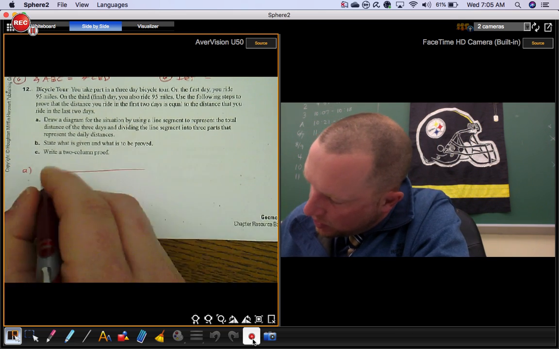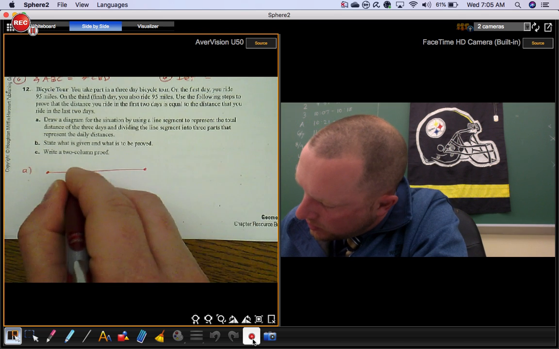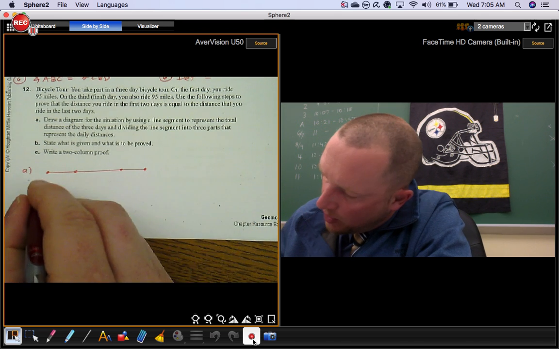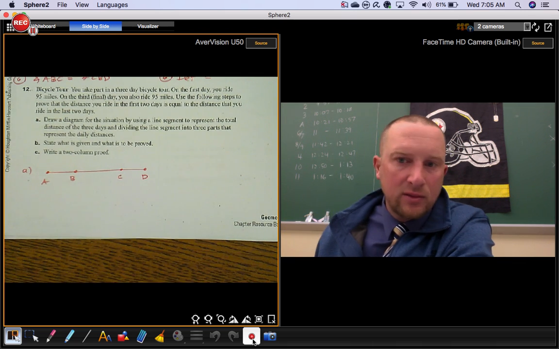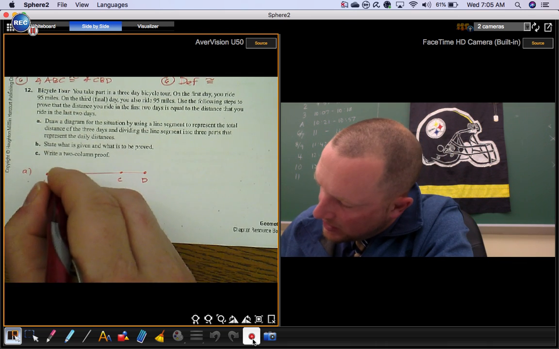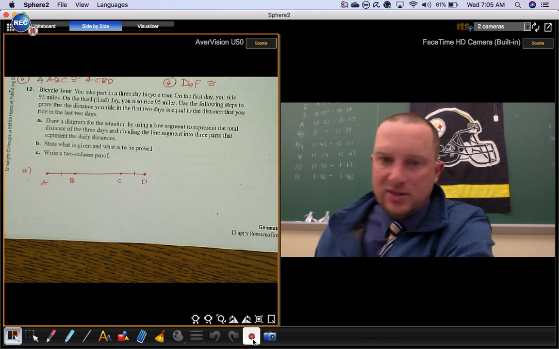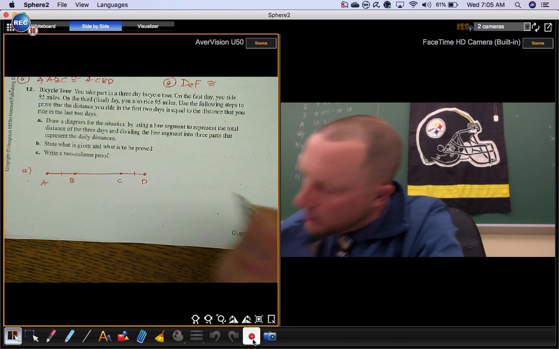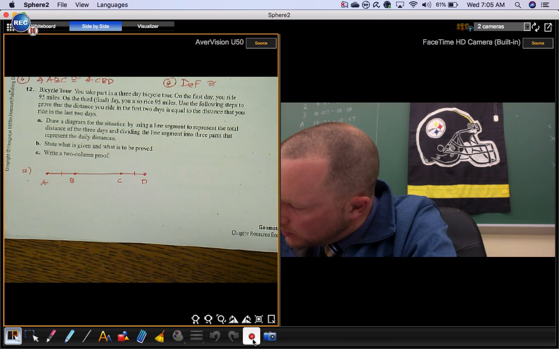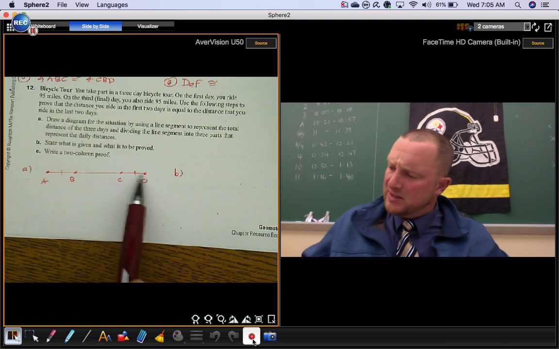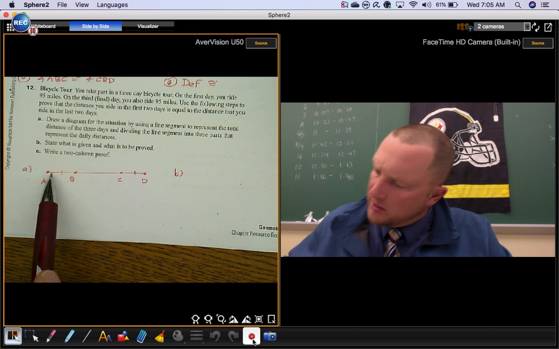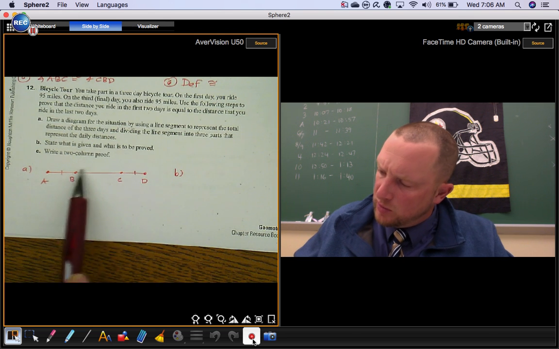Okay, so this should look familiar to you. We did a problem in class with a shopping mall that was exactly like this. They're telling you these distances are the same. Now, if these distances are equal, doesn't that mean A to C equals B to D?